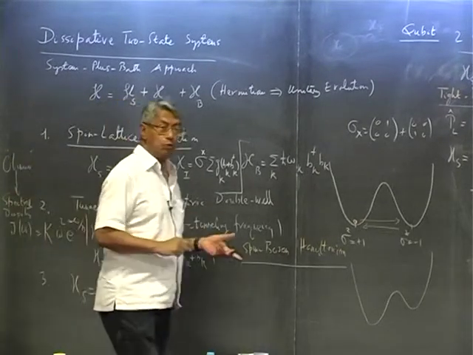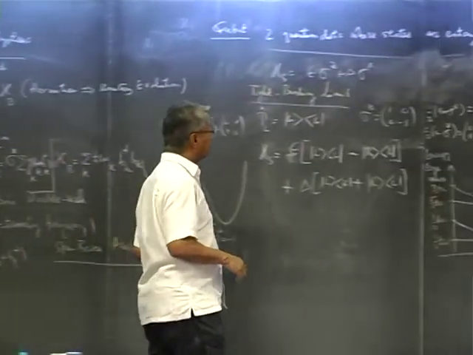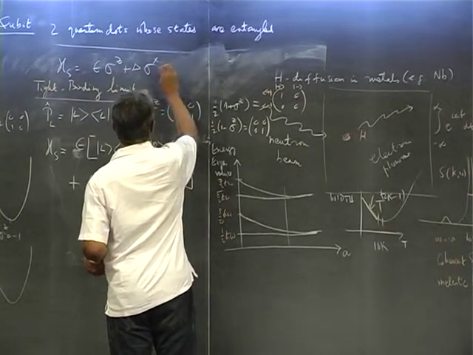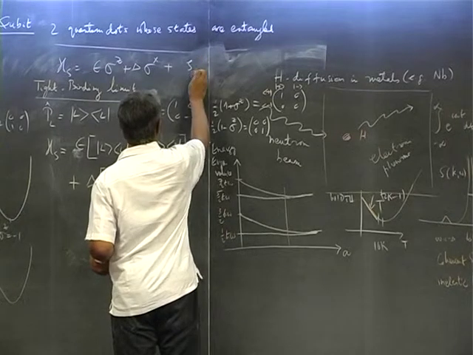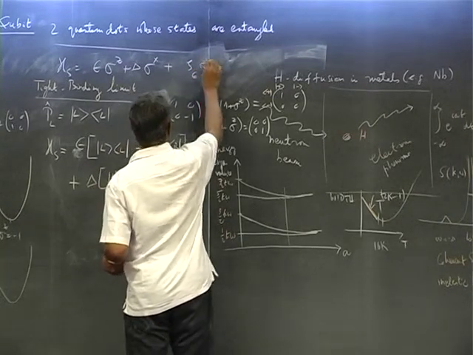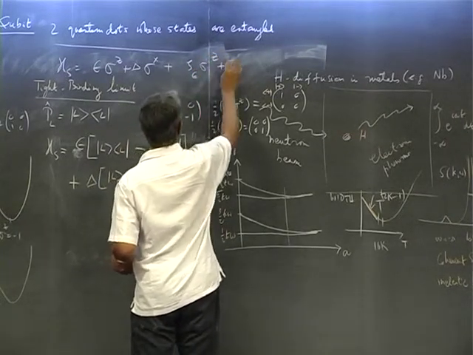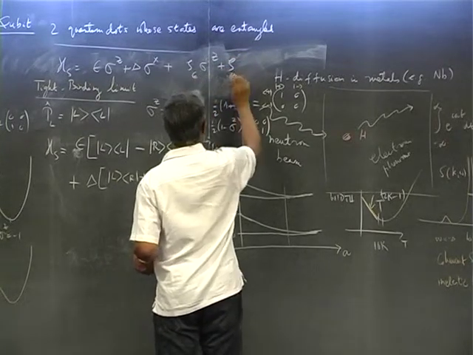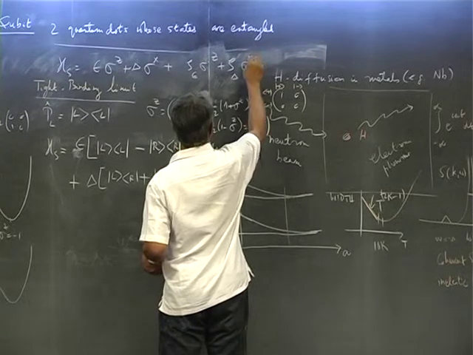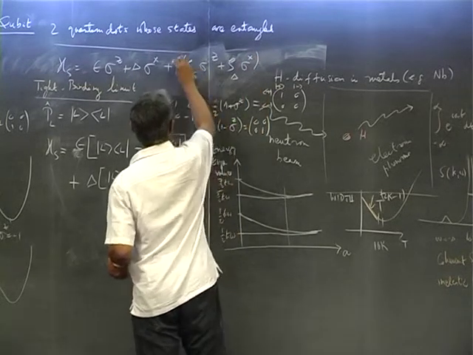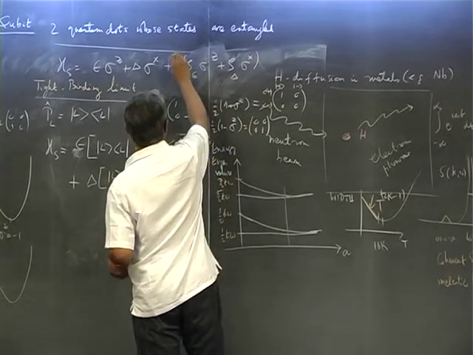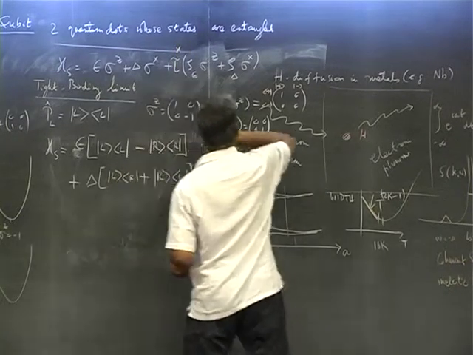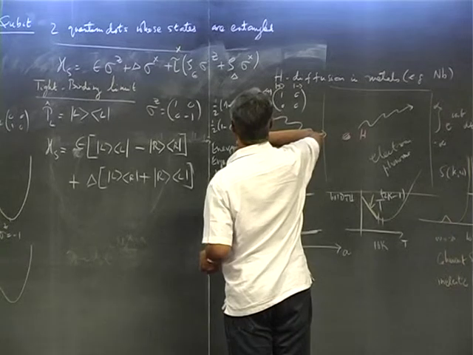But I can now do a quantum version of that problem to motivate this 2-state jump problem, where I have also now a zeta epsilon sigma z term, plus zeta delta sigma x, and I put in a pseudo spin operator tau x here, okay?